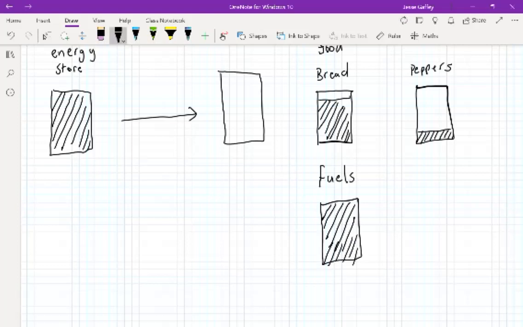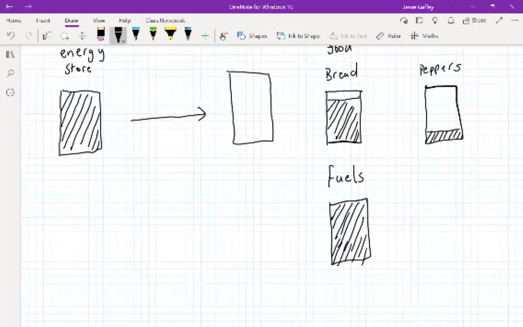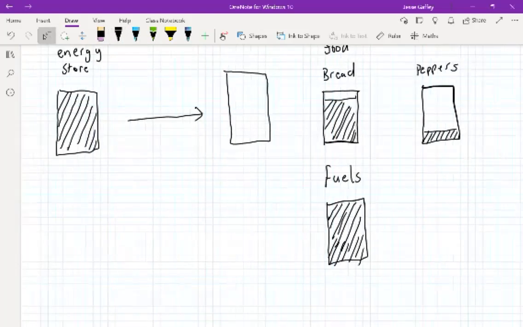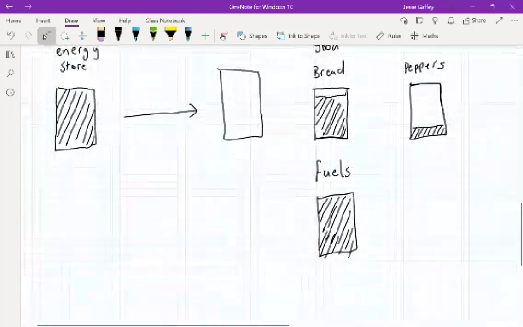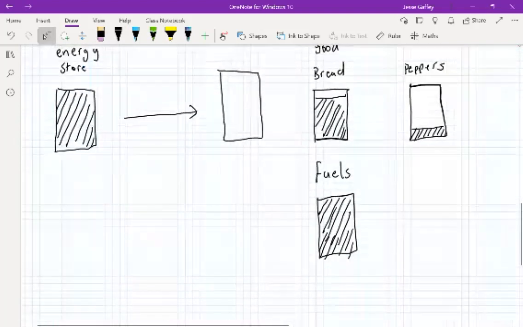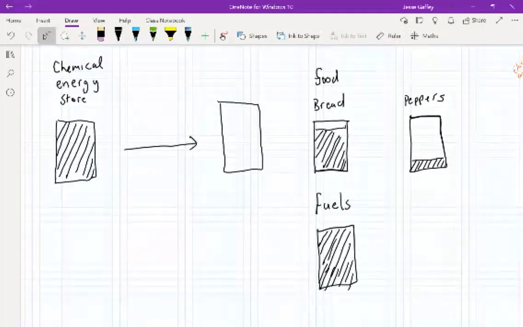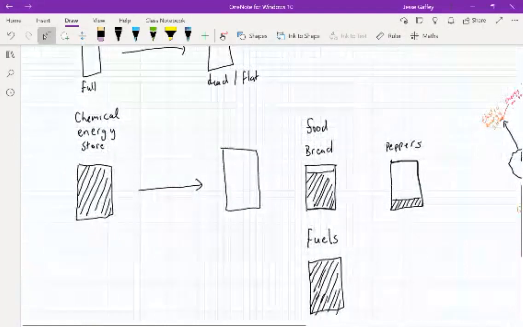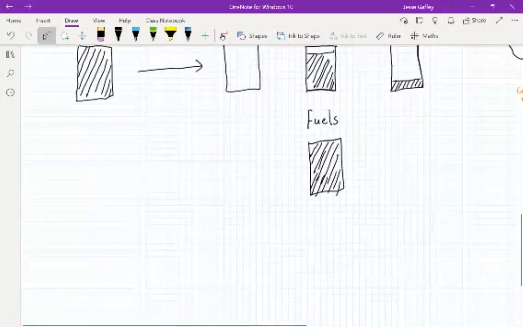So we use fuels like wood, coal, and oil and gas to heat our homes because they're chemicals that have energy stored up in their chemical energy store. And a lot of chemicals have energy stored in their chemical energy store, but fuels happen to be the type of chemical that have a lot of energy in the chemical energy store. So chemical energy store refers to batteries, foods, and fuels.